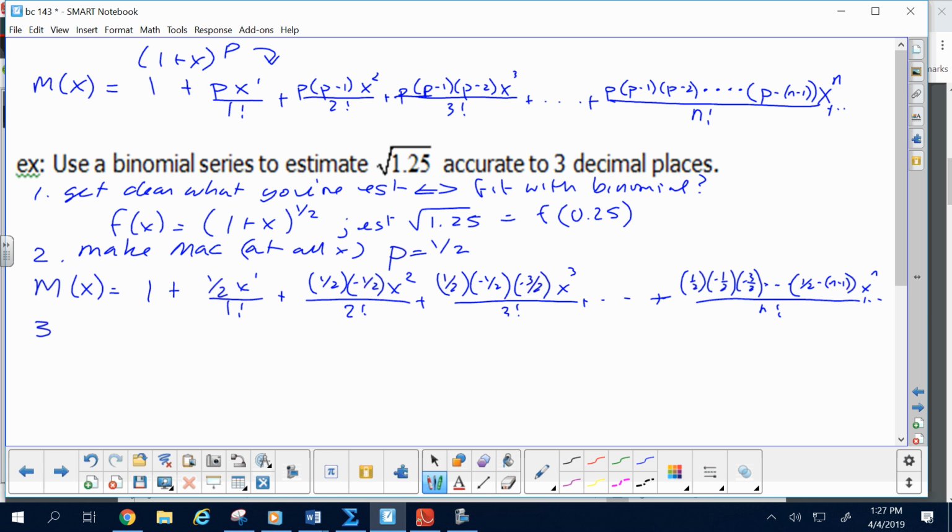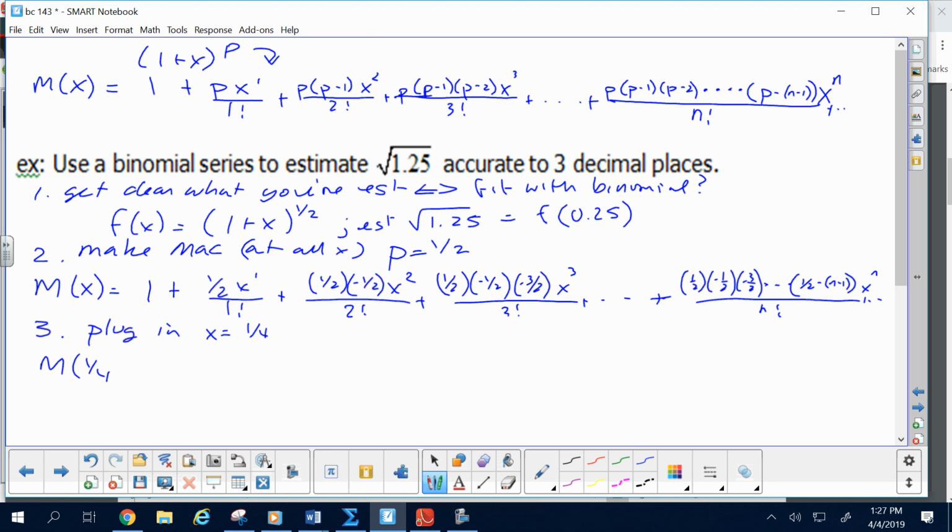Now I plug in what I'm trying to estimate, which is to say plug in an x of 0.25 or 1/4. Go with all fractions. You follow me? Right.